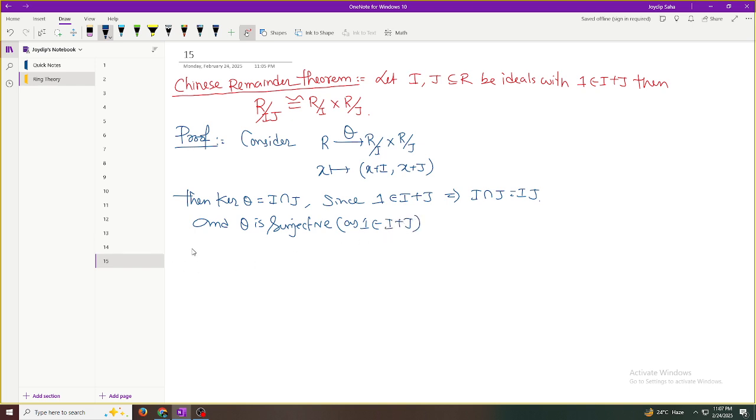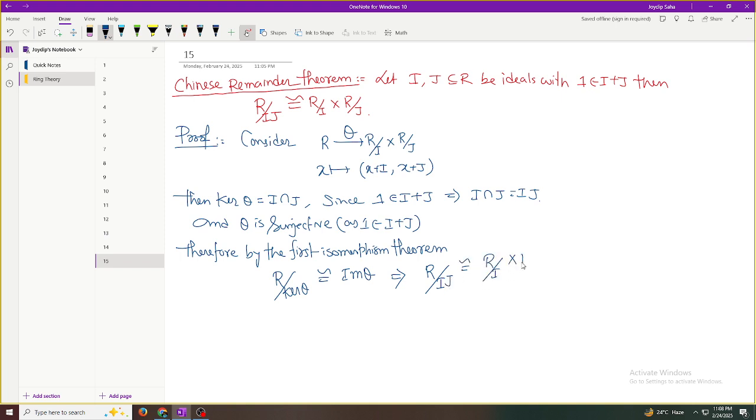Therefore, by the first isomorphism theorem, R mod kernel theta is isomorphic to the image, that is R mod ij isomorphic to R mod I cross R mod j.